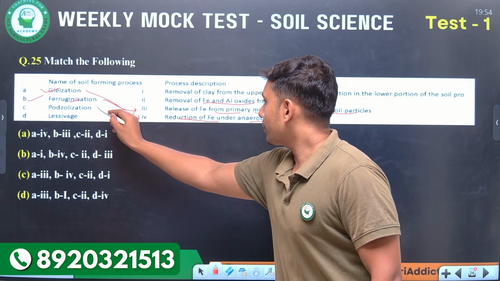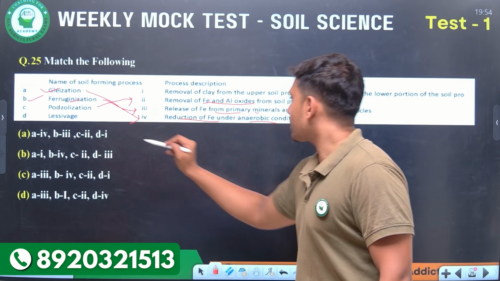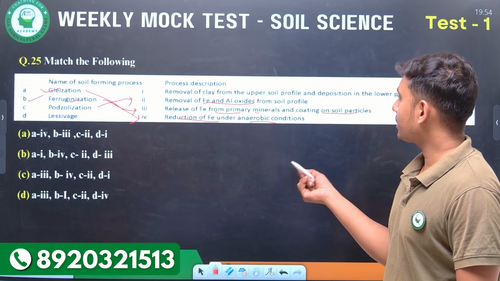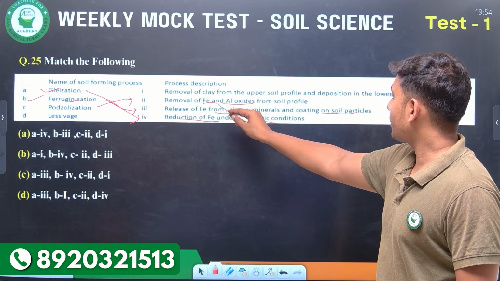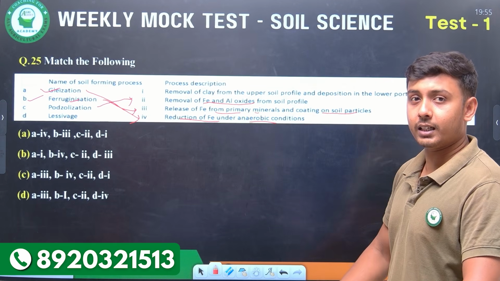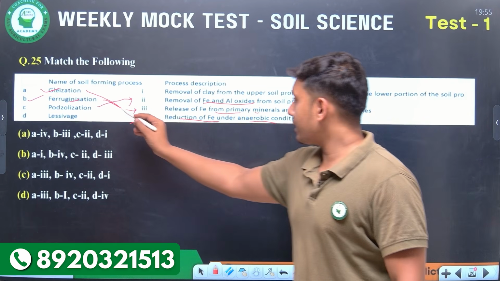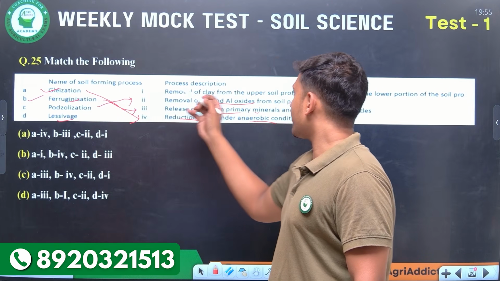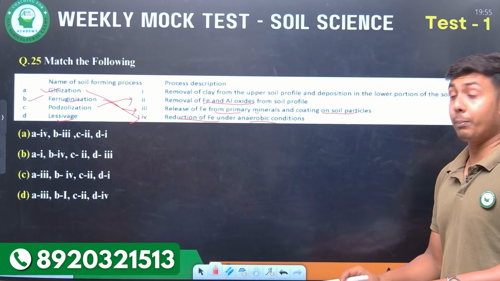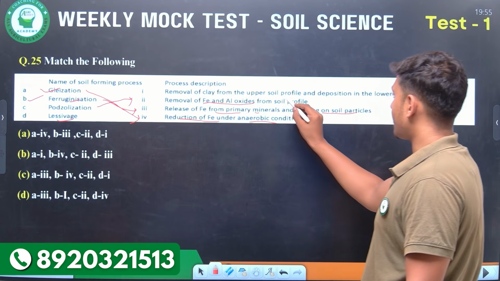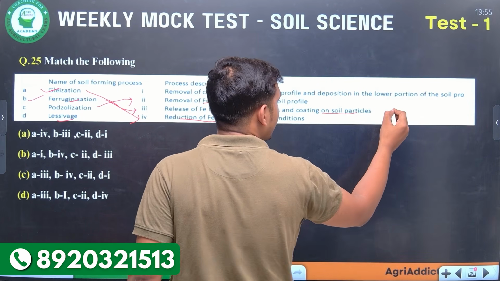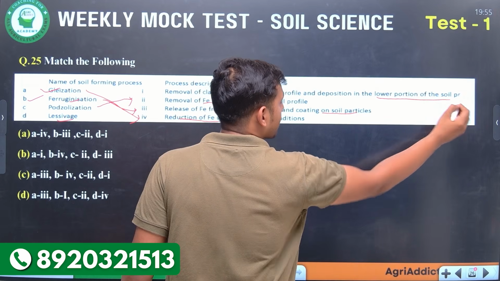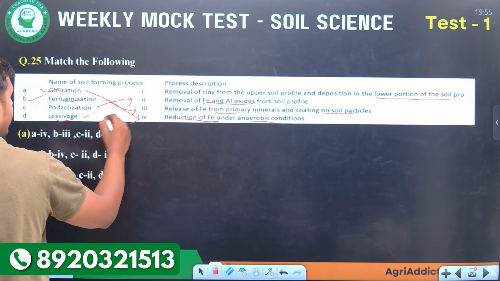When iron and aluminium oxide get leached down, the process is called podzolization. And lessivage is the leaching or removal of clay from the upper soil profile and its deposition in the lower portion of the soil. So lessivage will be option 1.